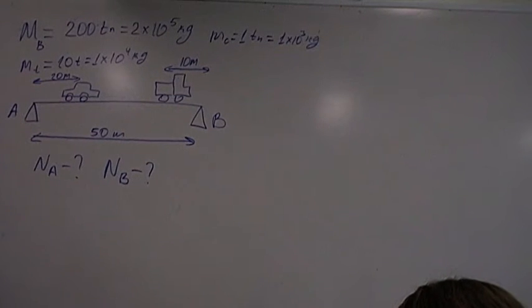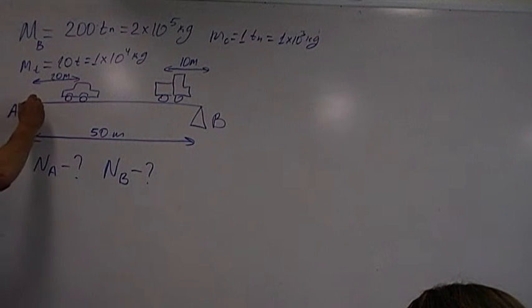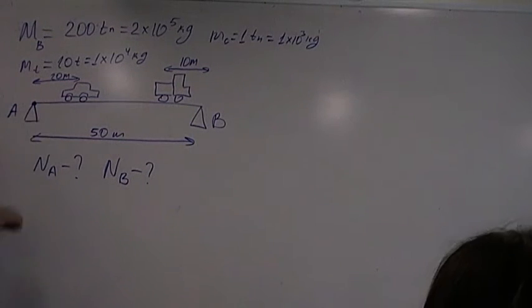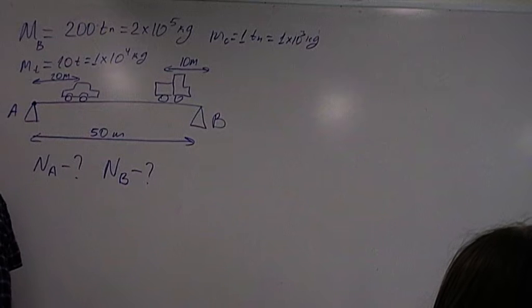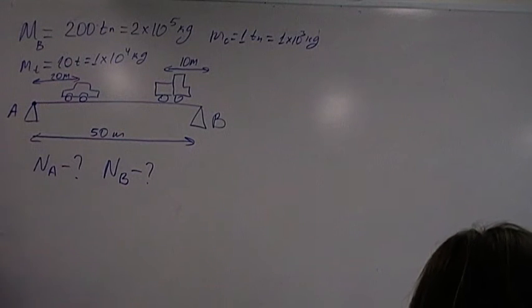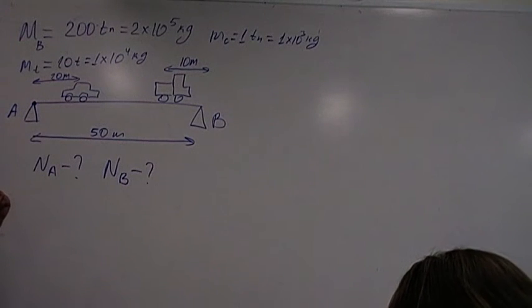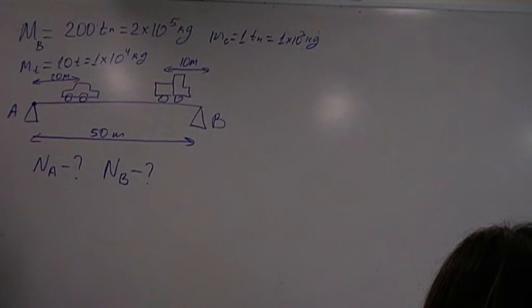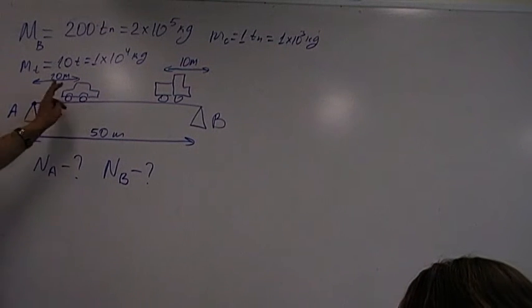To do that, first we need to consider point A, the pivotal point. We can see the rotation about this point. So what's rotating this?